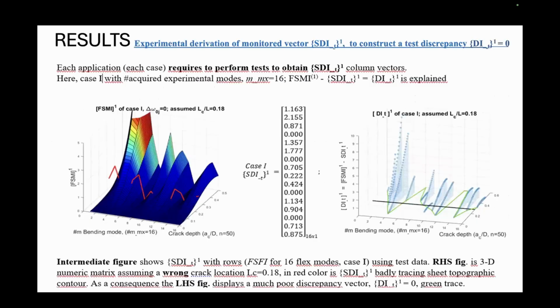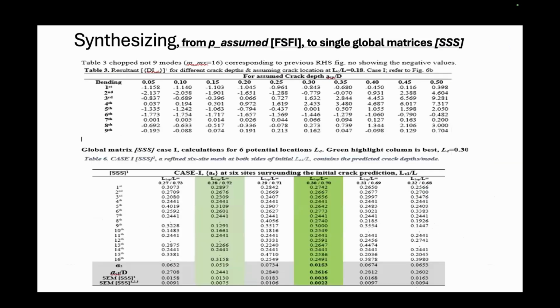These are the test results that I made. I put here until the 10th mode, but also I increased it up to the 16th mode. And this is the assumed location where you can see the application of the method, synthesizing from P assumed. You have to assume how many locations you are going to use in your method.